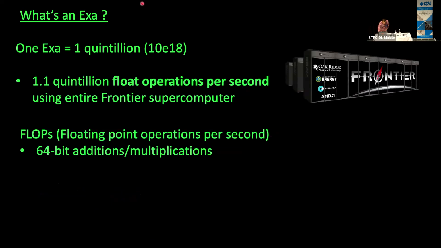Oh, I'm gonna start my timer, by the way. It also happens to be the number of floating point operations that the Frontier supercomputer can operate at peak performance. So this would be using every single processor, in this case GPUs, simultaneously.